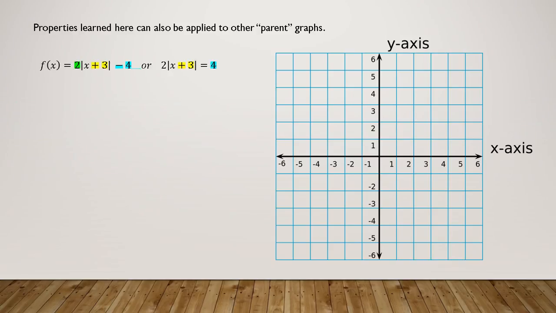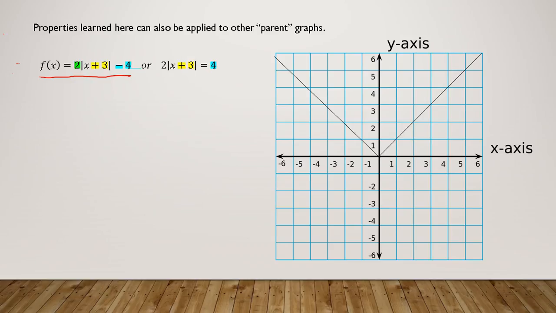Now, what about if we have the absolute value? Well, same rules apply. Here's the basic model. Look at this function right here and tell me what you think would happen based on what we learned. Well, 2 means it's going to be skinny. It's going to be compressed along the x-axis and stretched along the y-axis.